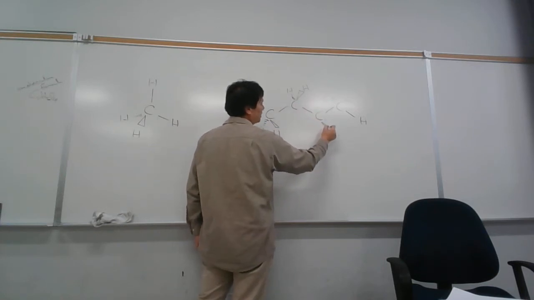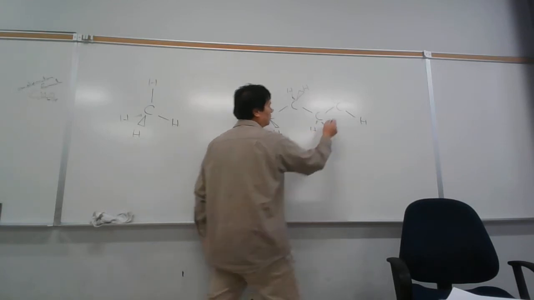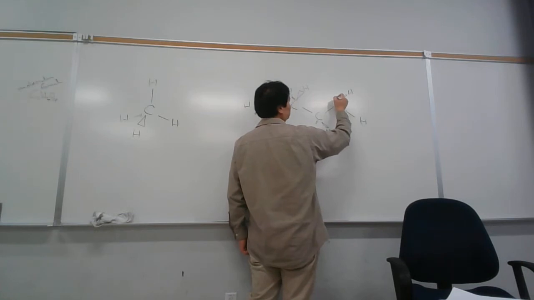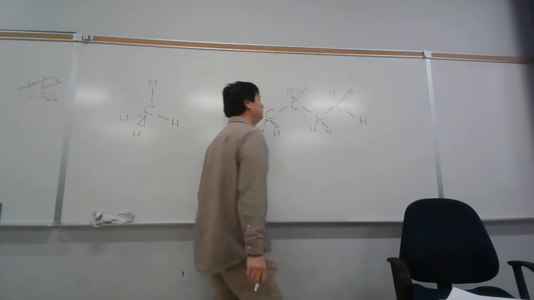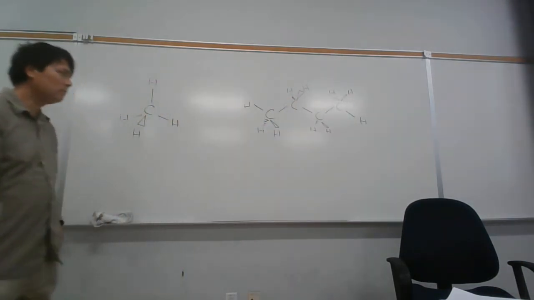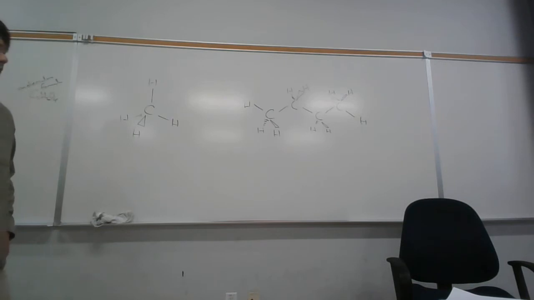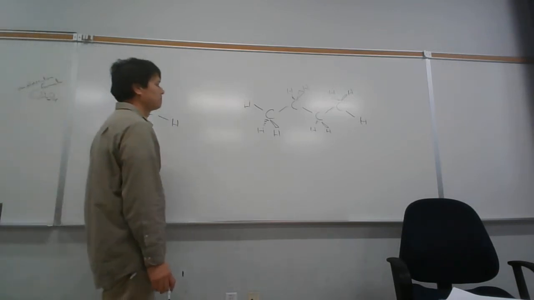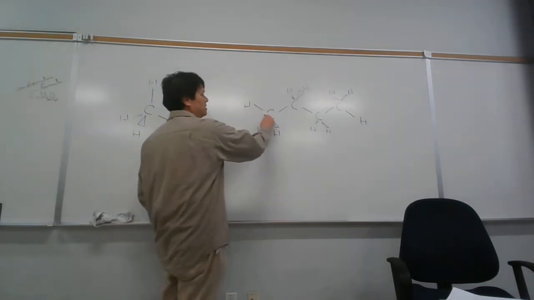Wedge to the right, dash to the left. So do you see the tetrahedral carbons there? All right, so this is a zigzag chain.